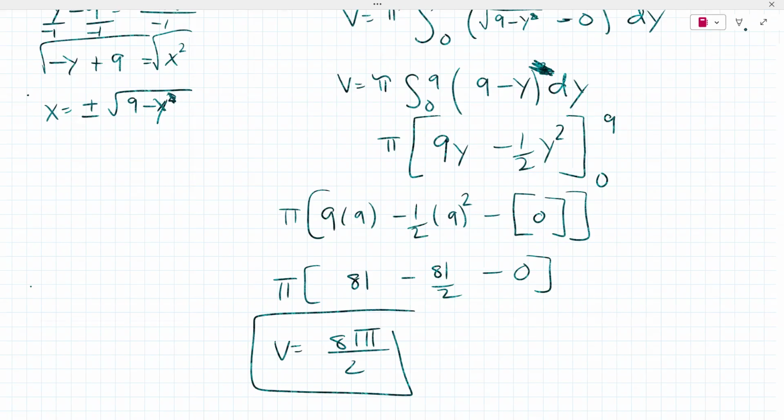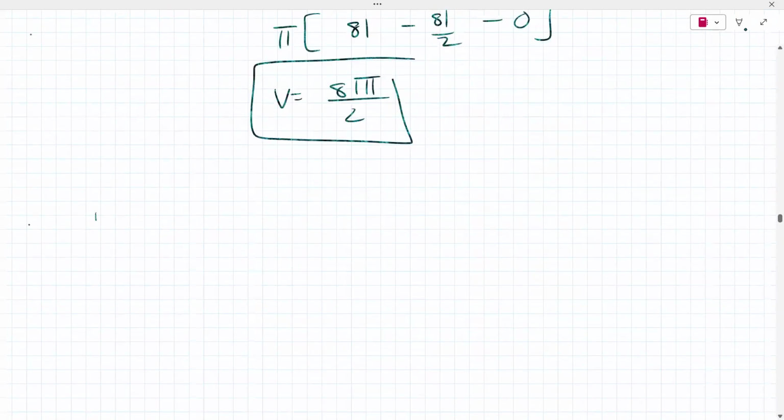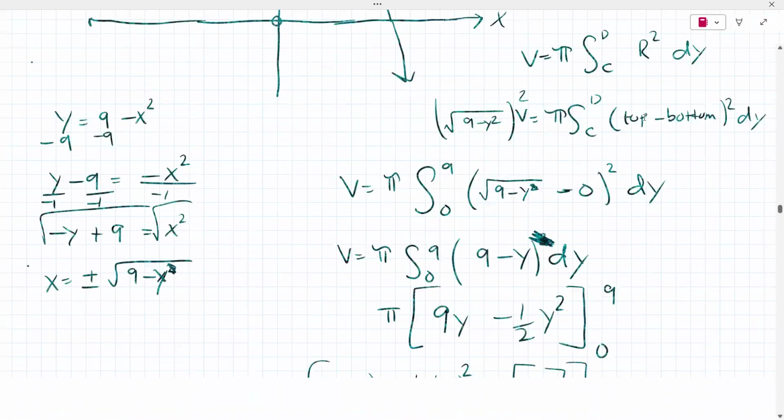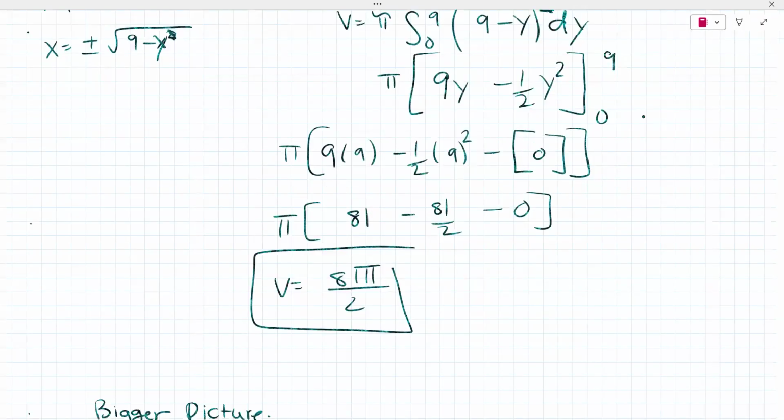So if you kind of see the bigger picture, it's kind of like a bowl actually, right? In 2D, it would look like this.